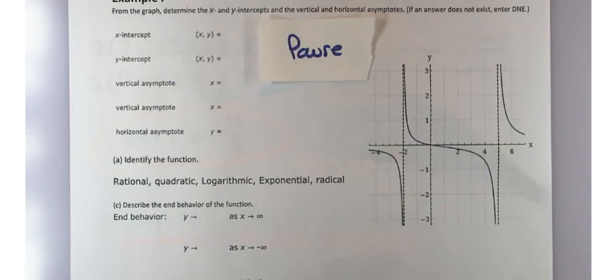This graph gets closer and closer to the x-axis this way, and closer and closer to the x-axis this way. That's where the graph is getting close to.